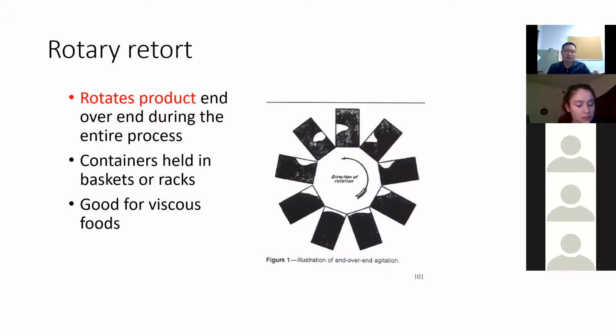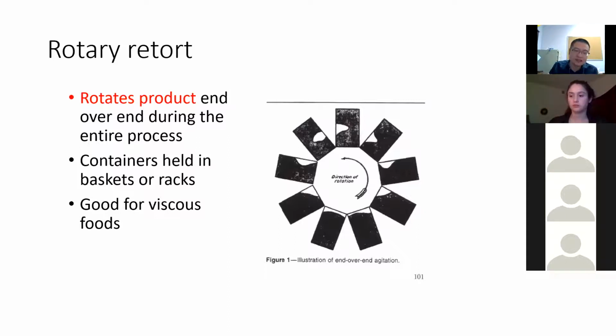And the rotary retort is another type of the batch retort. Basically, we place the can inside the retort, and during the process, those cans are rotating at a certain speed. And this rotation is pretty good for those viscous foods, because as we talked before, there are two types of heat transfer, conduction and convection.